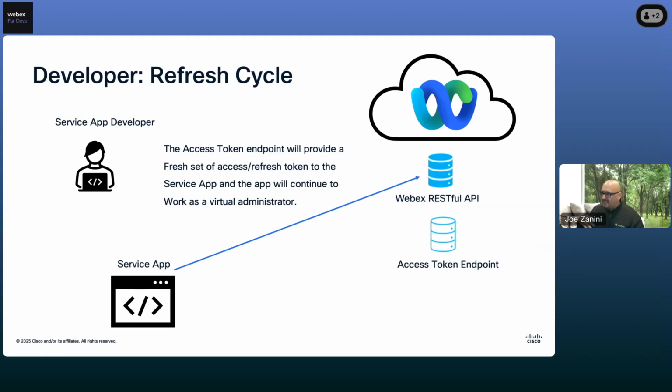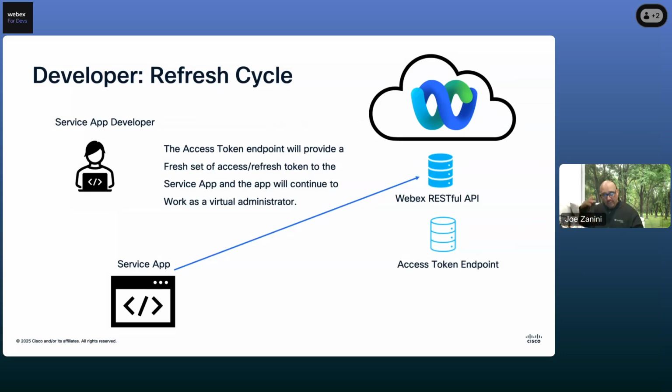We have OAuth 2 samples on that same Webex samples repo that I linked to earlier, where we have in-depth examples on how to do the refresh cycle. But basically, you get everything once you initially get your app authorized. Now, unless a developer or an admin goes into Control Hub and toggles off that authorization that they initially did, that would kill both tokens. So none of this is going to work when that happens.